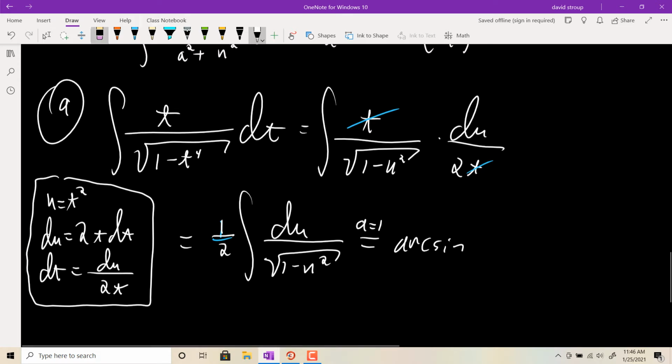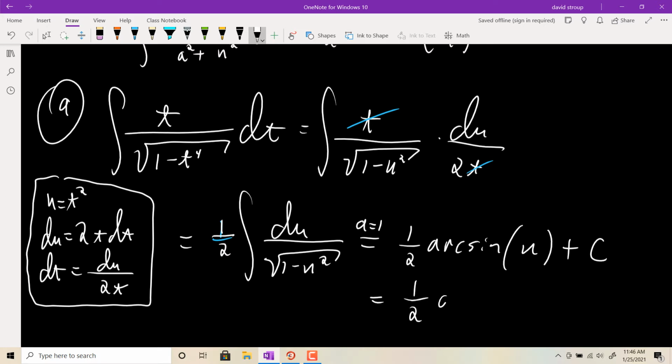Whoops, I lost my 1/2. So don't do that. Don't be like me. So I have 1/2 arc sine of u all over a. A is just 1, so I can just put u and then plus c. And then, of course, back sub: 1/2 arc sine of t squared plus c.